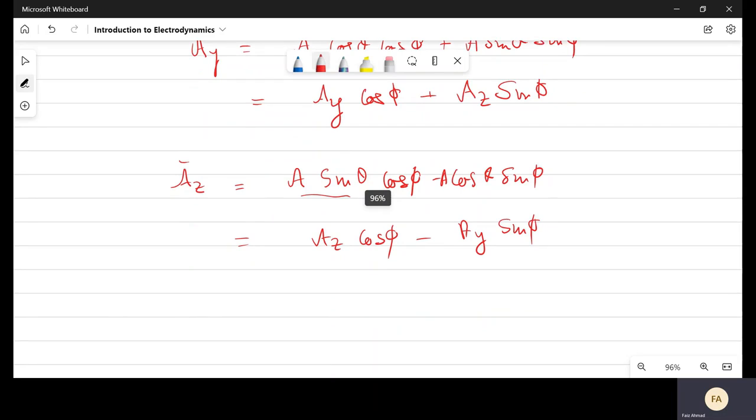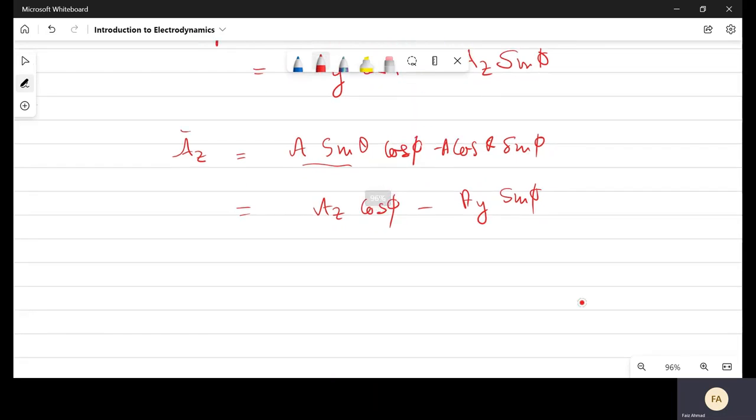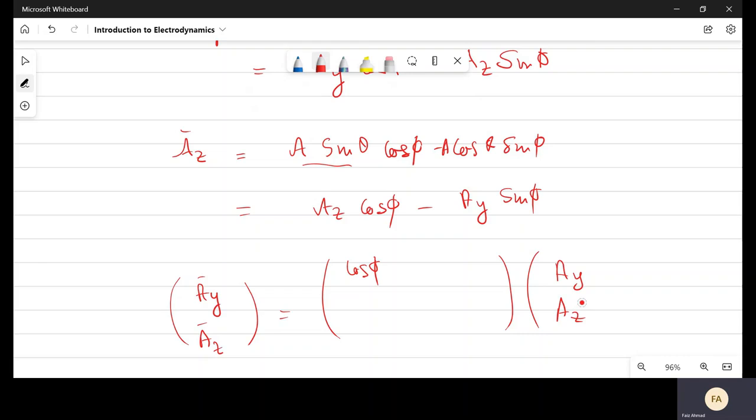So in matrix notation we can write ay bar, az bar is equal to a matrix acting on ay, az, with sine of phi and cosine of phi.